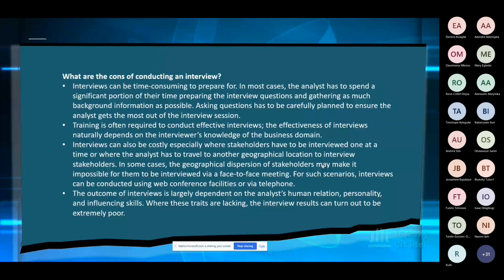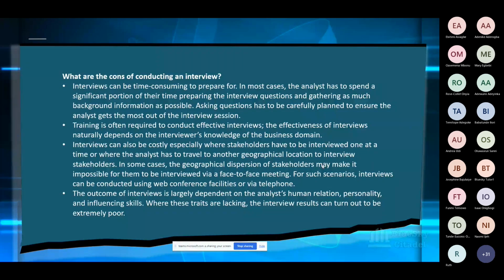It might take you time to start doing all this research. So these are some of the issues with using the interview technique of elicitation. You have to spend time. It's time consuming before you go into the interview session.